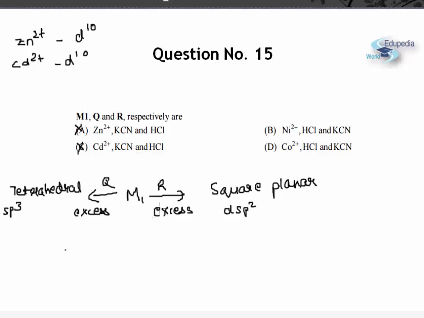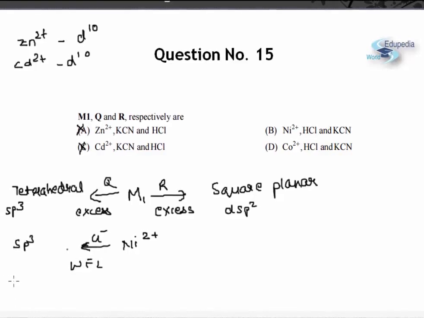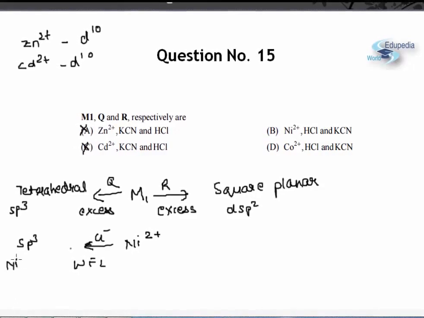B seems to be suiting my purposes because Ni2+ in excess of Cl minus, that will be Q, Cl minus being a weak field ligand, which I am representing by WFL, will form an sp3 tetrahedral complex, that will be NiCl4 2 minus.